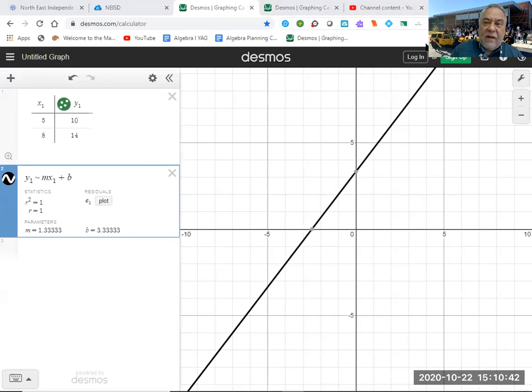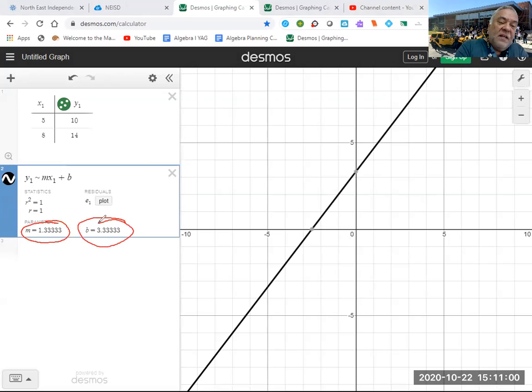So my numbers didn't quite come out nicely, but basically we know that this is 1 1/3, which is 4/3. This is 3 1/3, so 10/3.